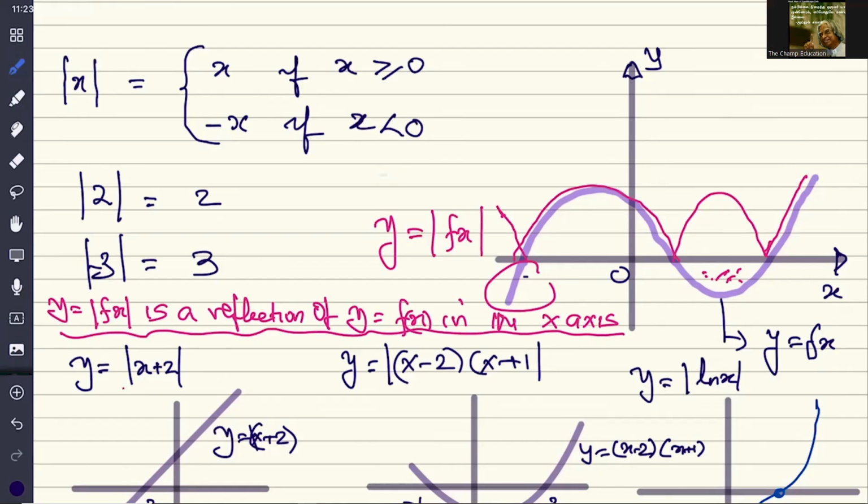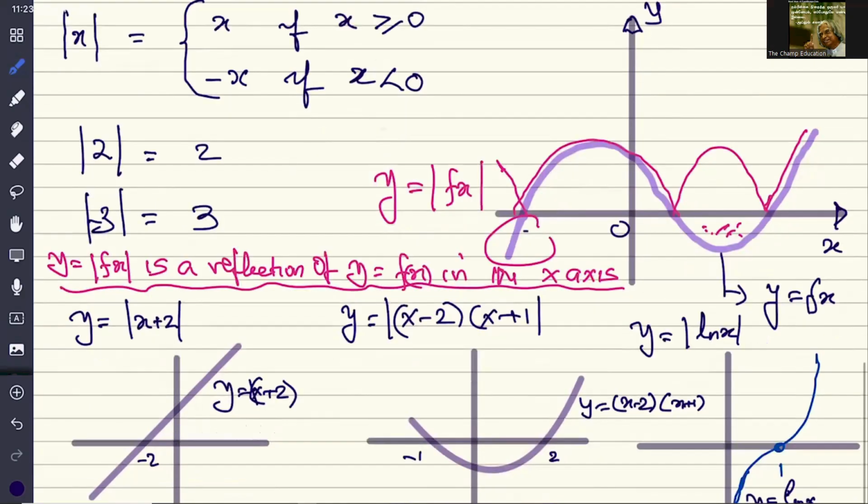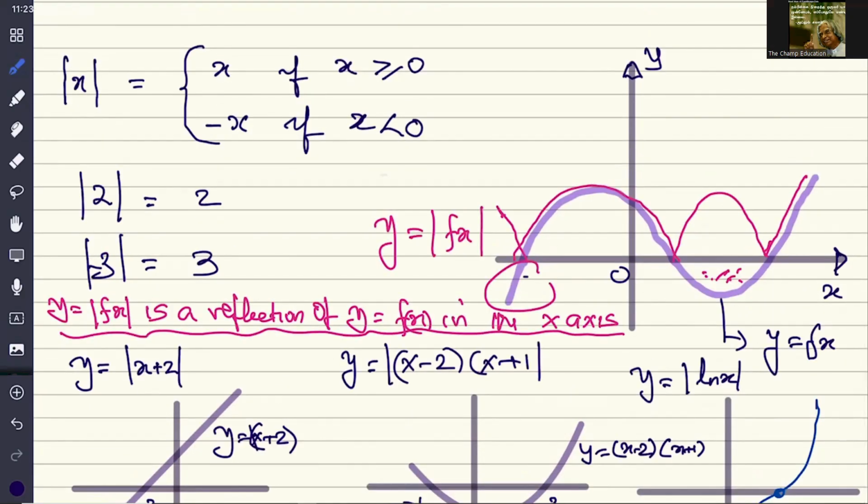Y equal to modulus of x plus 2. So we can simply draw a line. Okay. Simply y is equal to x plus 2 without modulus. So you can substitute y equal to 0 and x equal to 0. Then you will find the values, this is minus 2 and the other one is 2.